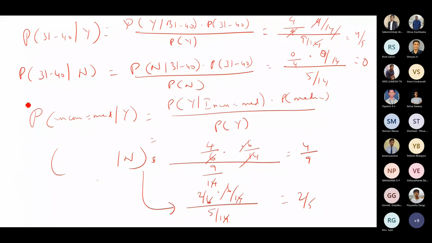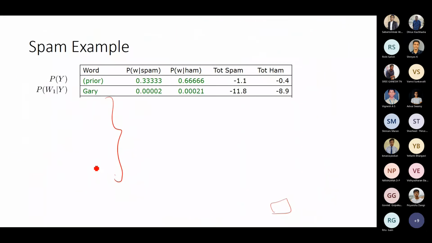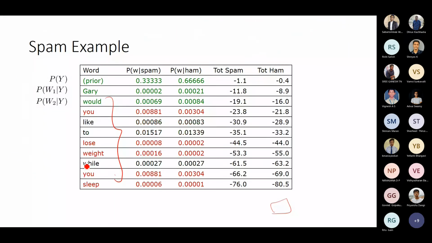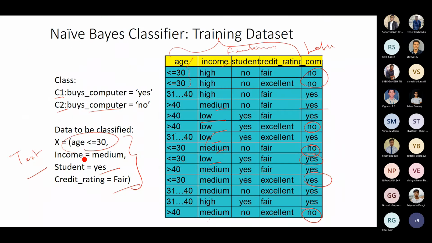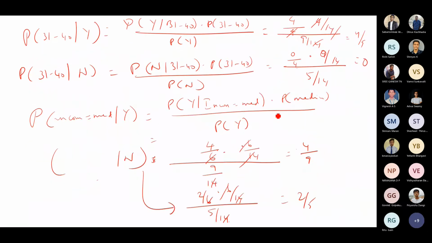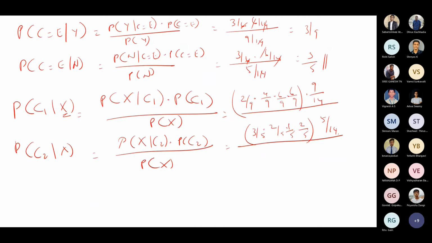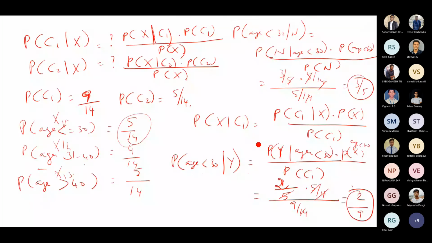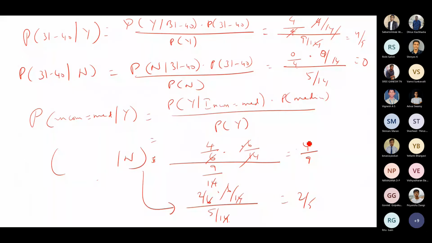And income equal to medium, which is here 6 by 14.